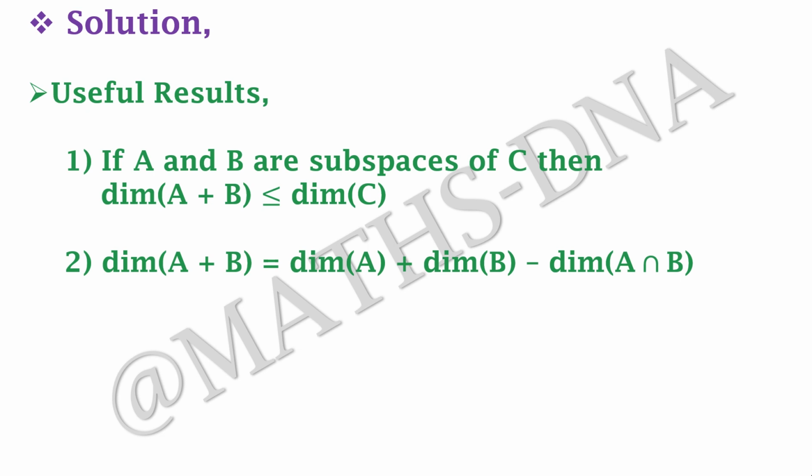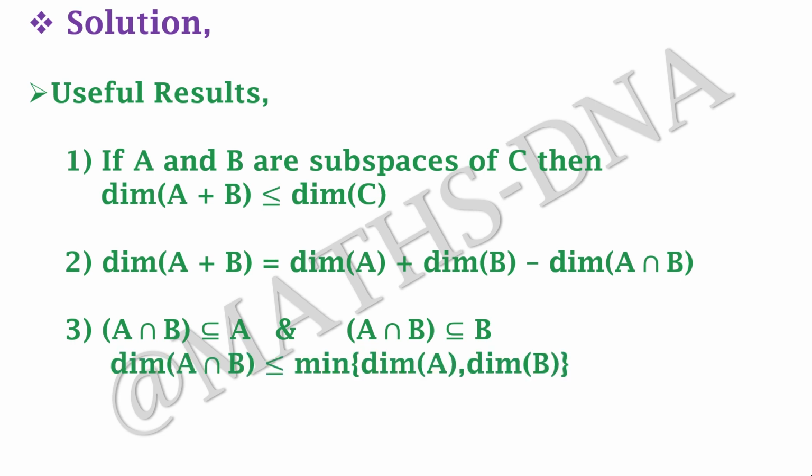And the third, that is most important but very few students know it: A intersection B is contained in A and A intersection B is contained in B, then dimension of A intersection B is less than or equal to the minimum of dimension of A and dimension of B. These three results will be helpful to us in solving the given question.